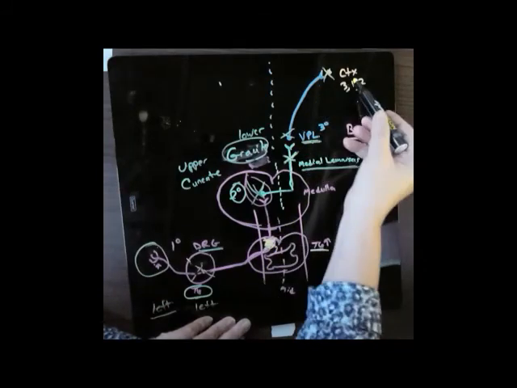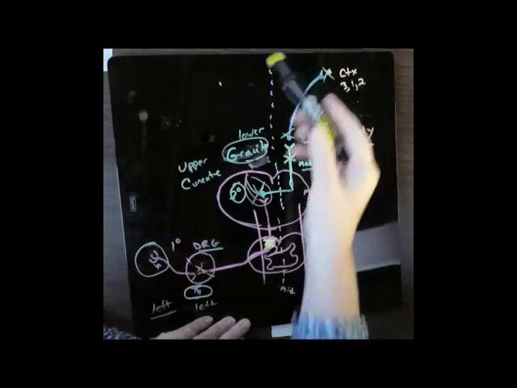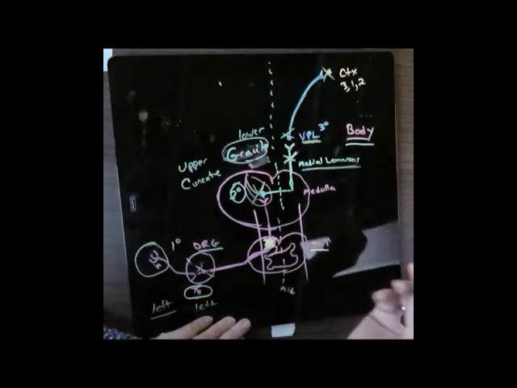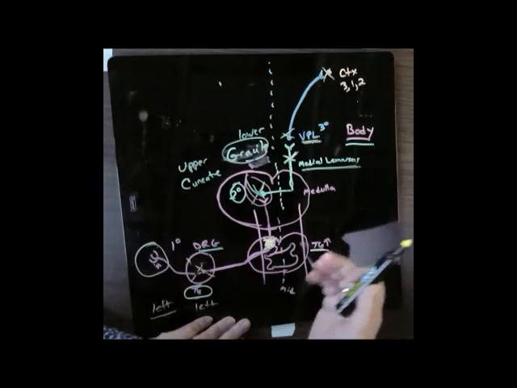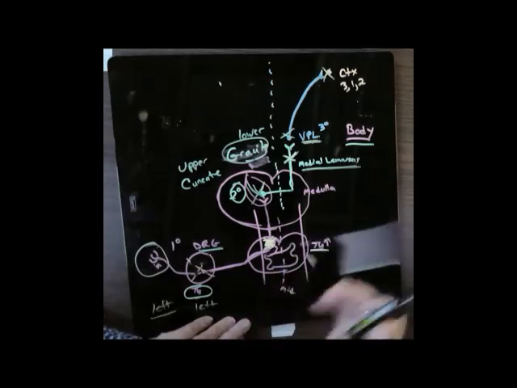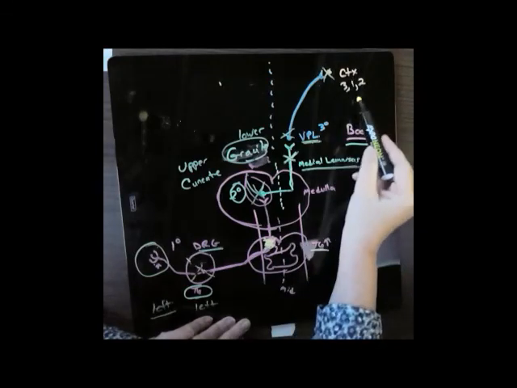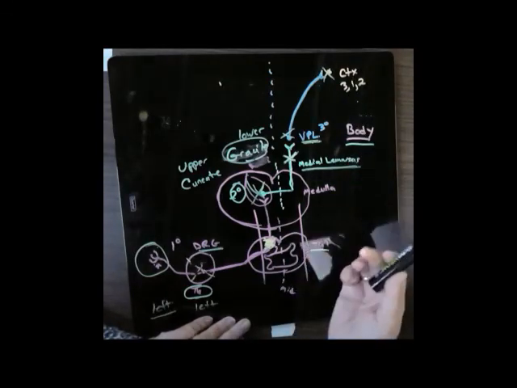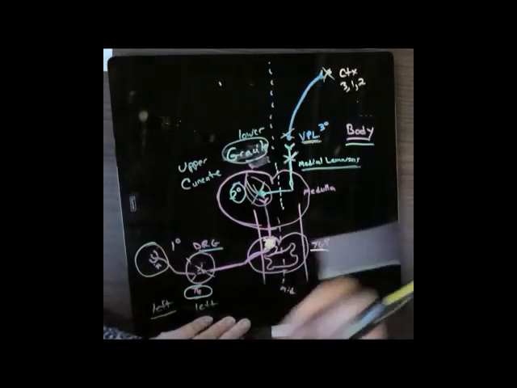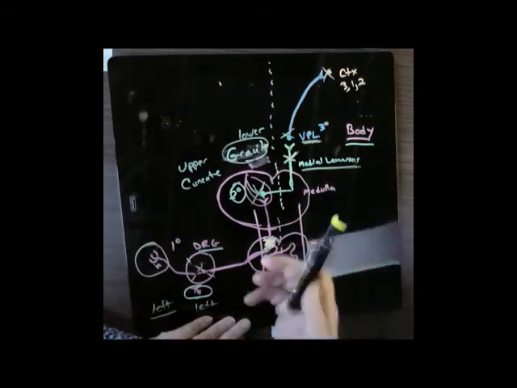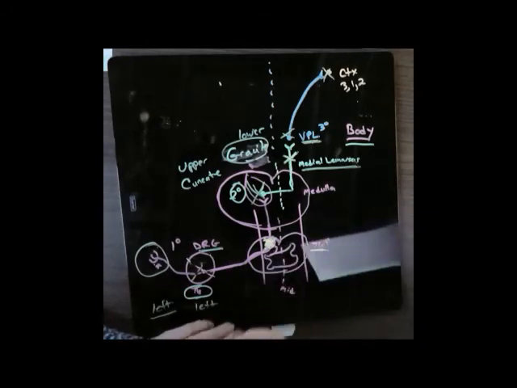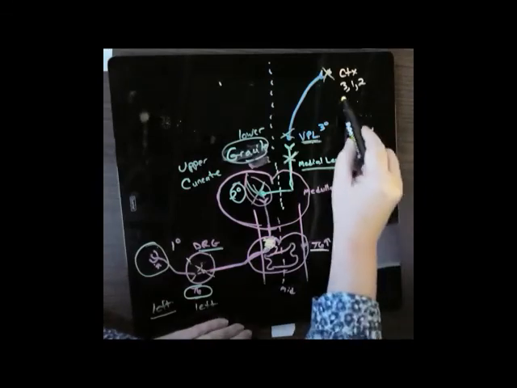Same thing with the cortex. If you lost your whole post-central gyrus, then you're going to have a loss of pain and temperature, fine discrimination touch, and proprioception on the body. Often these cortical lesions will be relatively focal. For instance, it might be just part of the face, or just a hand, because the cortex is expanded into a large area. So to get the full body, you'd have to have a large lesion in the cortex.